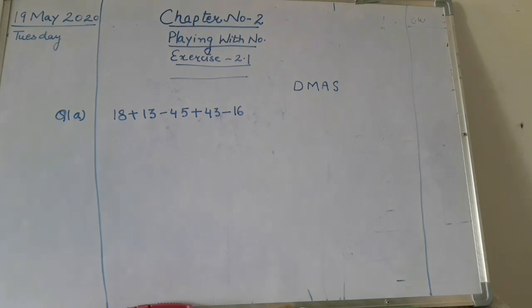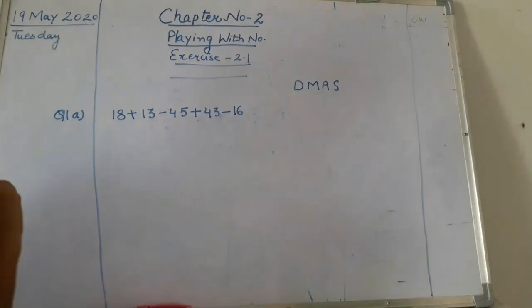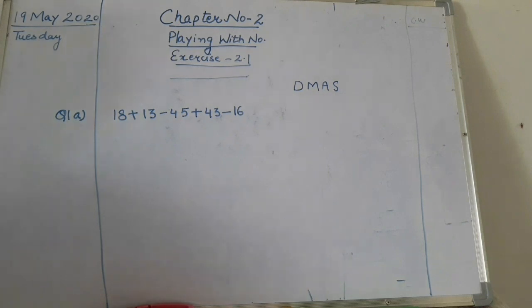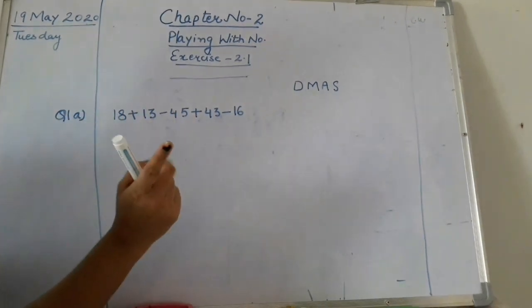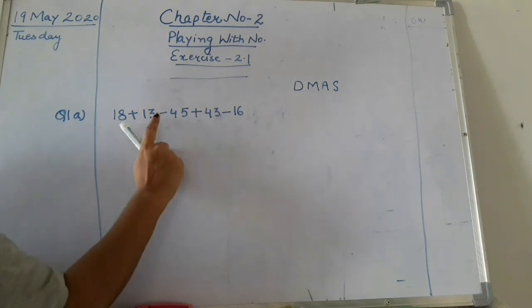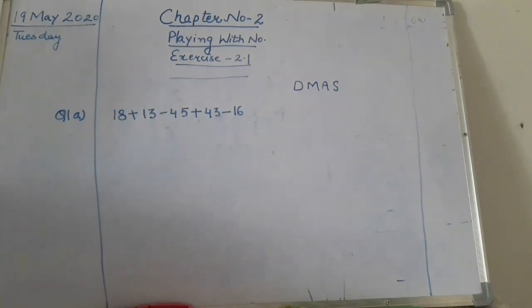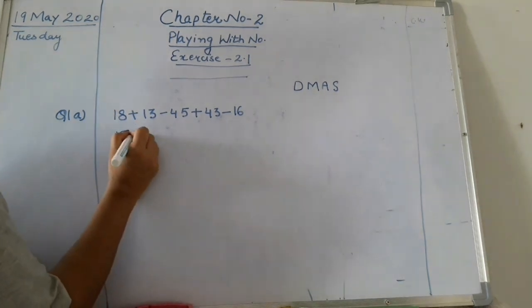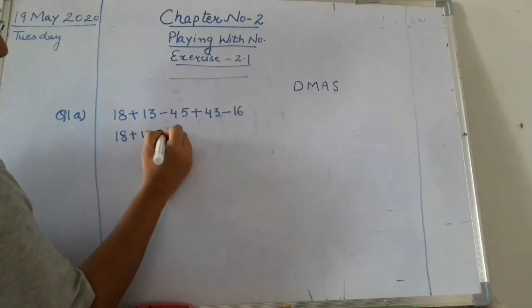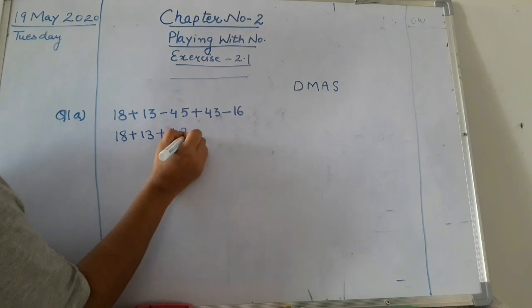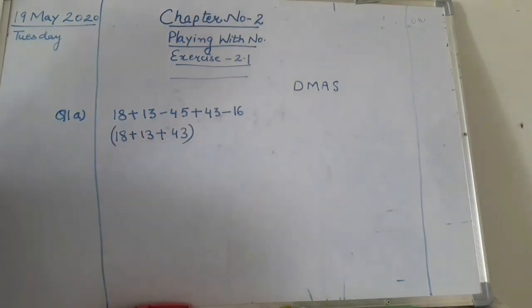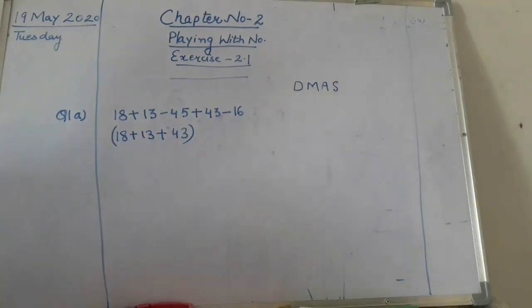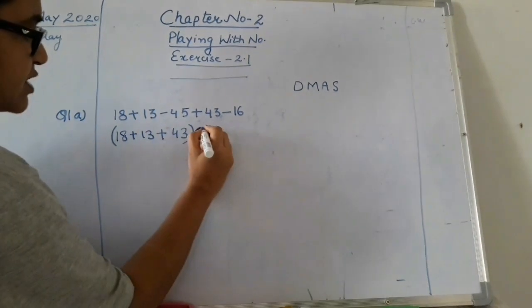Now I will see how many operations I am having in this statement. I am having only two operations, one is plus and one is minus. Next I will collect my positive integers on one side and keep them in one bracket. Clear, students? And what about the negative ones?